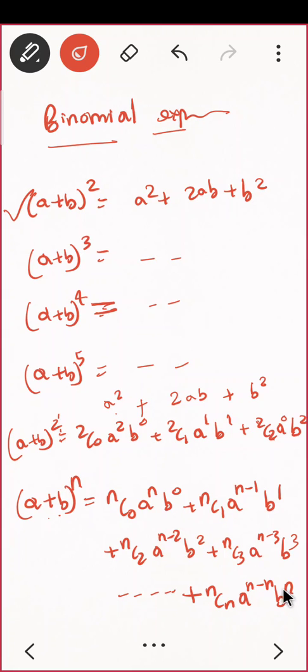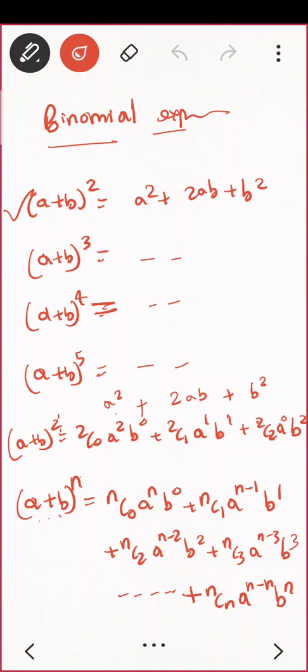Correct? Now some people may ask you, okay, you have given me a formula for a plus b raised to n. Can you give a similar formula for a minus b raised to n? How will you do that in that case?